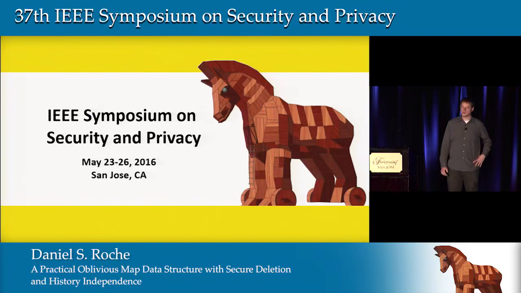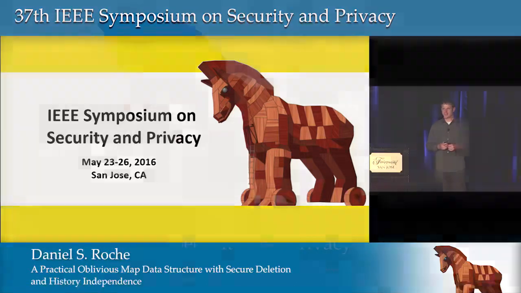Having a larger block size will decrease the probability that you run out of room in a path. And the way that you lose security is that if you run out of room, then the attacker might realize that you've run out of room, and that will leak the fact that you were doing a lot of a certain kind of operation. So that's kind of where that comes in.